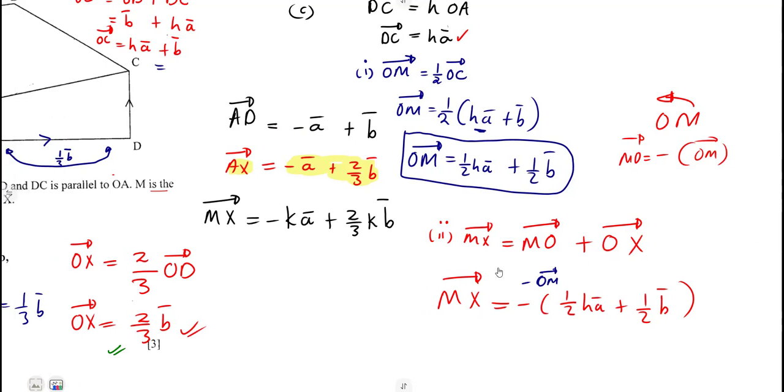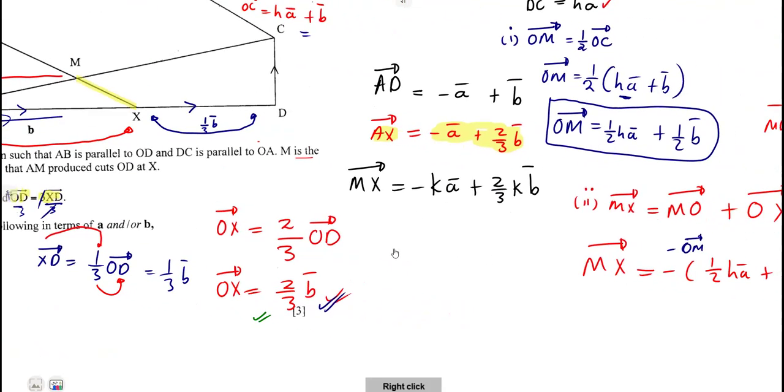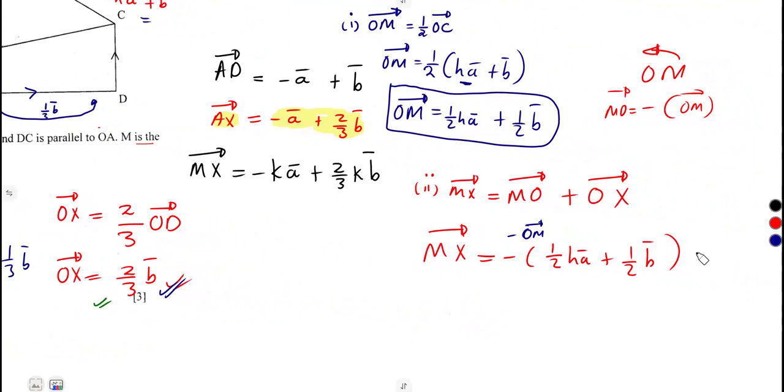Then OX, from O to X, we are taking this in the same route, same direction as we had. Remember, we calculated that one, which is what? 2 over 3 b. So we have that one as a positive, just add as it is, plus OX, which is what? 2 over 3 vector b.